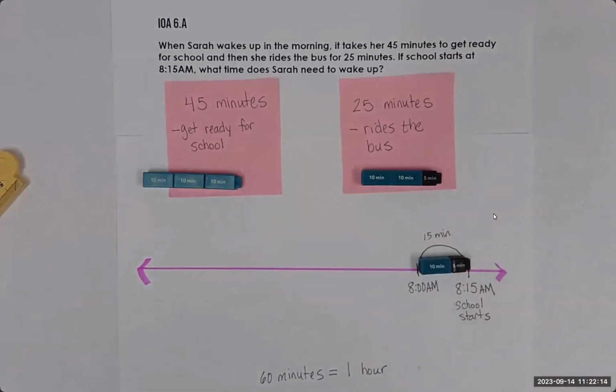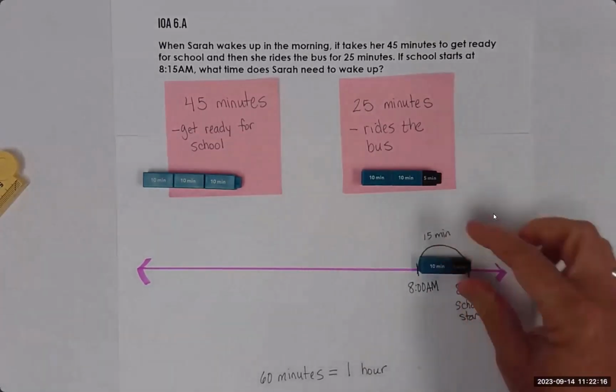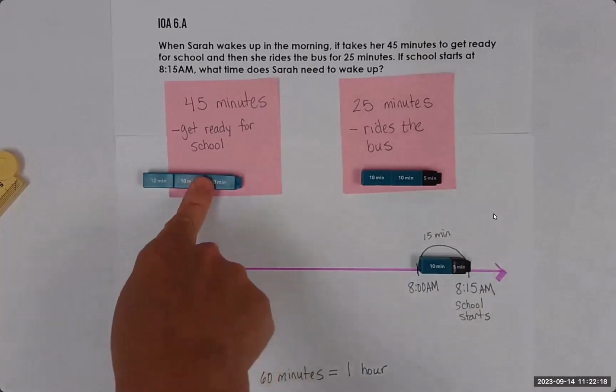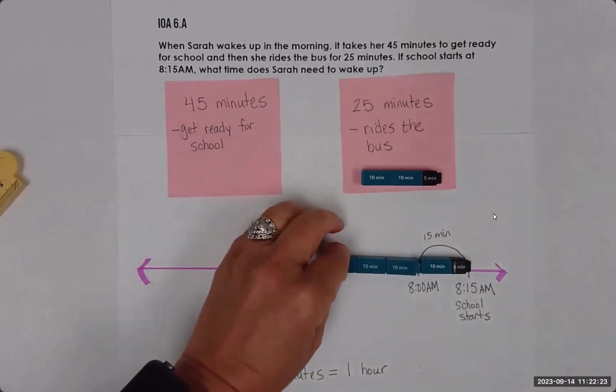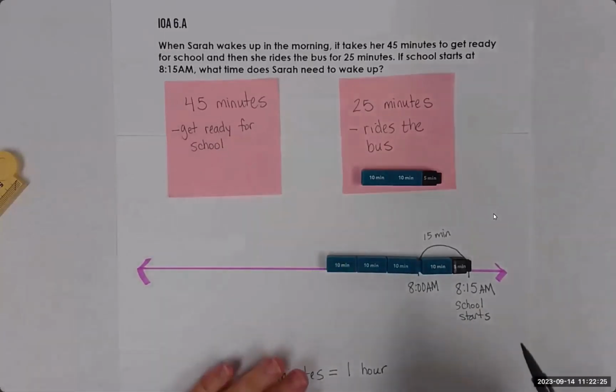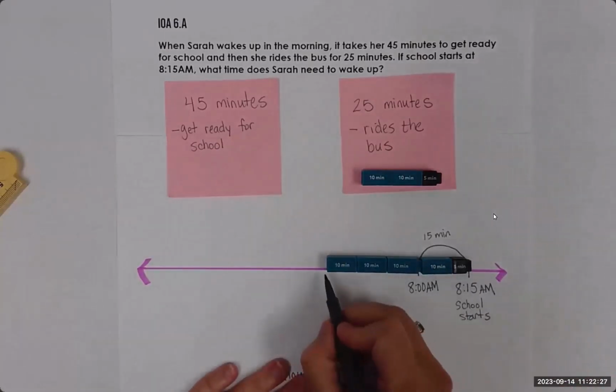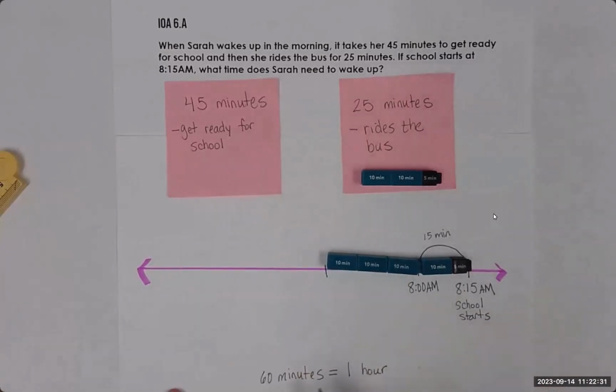Then I still have my 30 minutes left from the 45 minutes it takes to get ready for school. So next I'm going to subtract out my 30 minutes. So we will put that about right here. Well, this is where this comes into play.